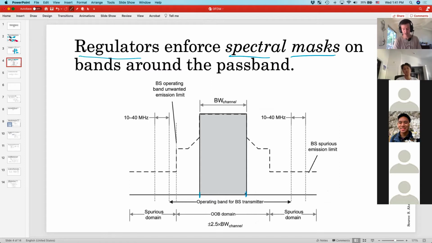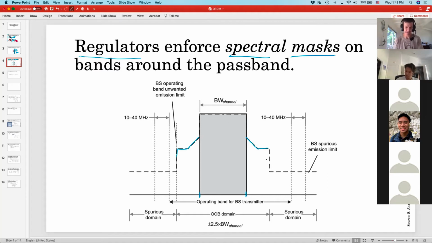You can do whatever you, not actually whatever you like, but you can do a lot of things in that channel, but we are going to enforce limitations on the power that you leak into neighboring channels. Okay, so this dashed line is called a spectral mask, and you'd have to demonstrate that your radio, that this power spectral density coming out of your radio lives under this mask, right?